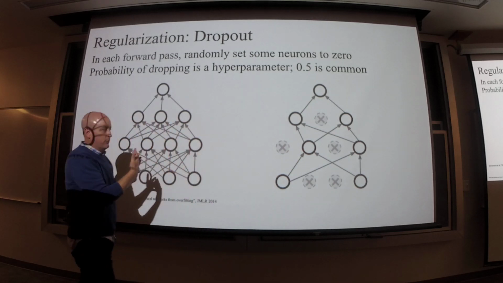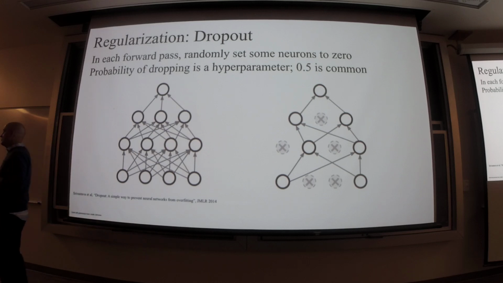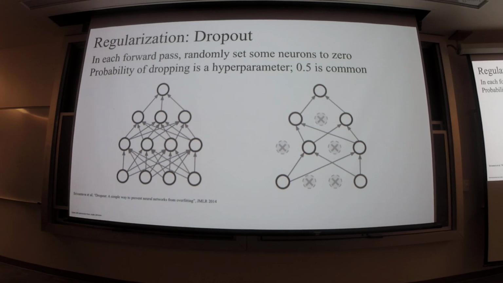It's still going to be fully connected through the remaining nodes, but we've dropped out all the nodes and all the weights that would connect to a neuron that we've dropped out. Weird, huh? At every step, you're using a different subnetwork, randomly chosen from the full network.